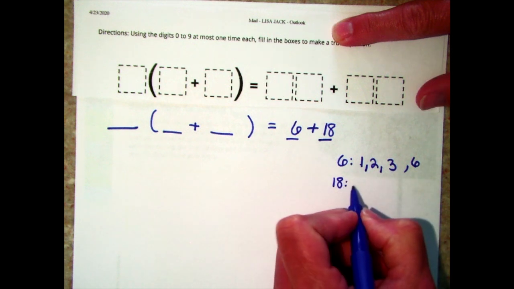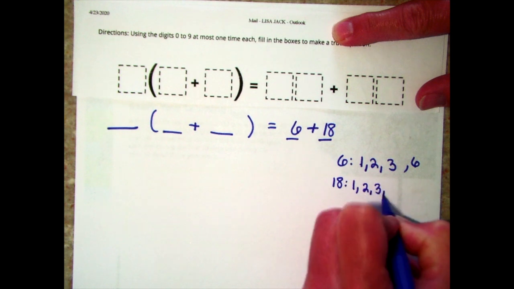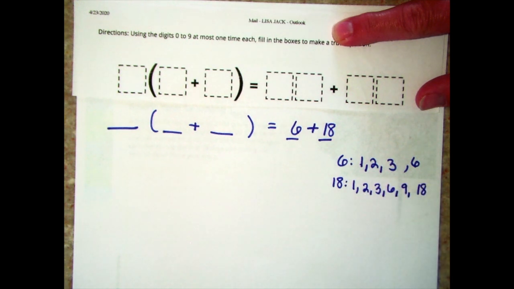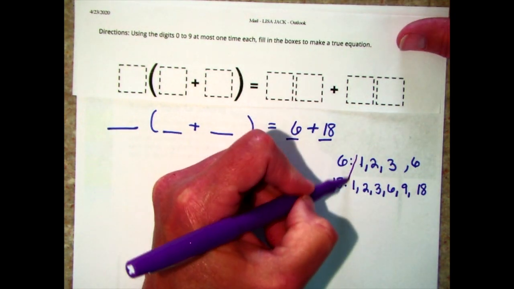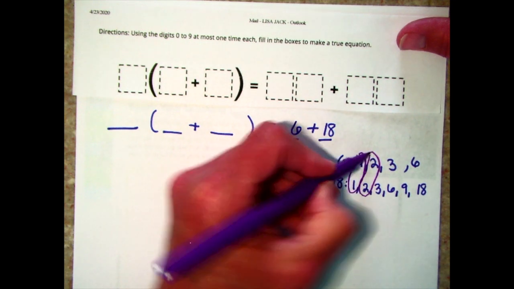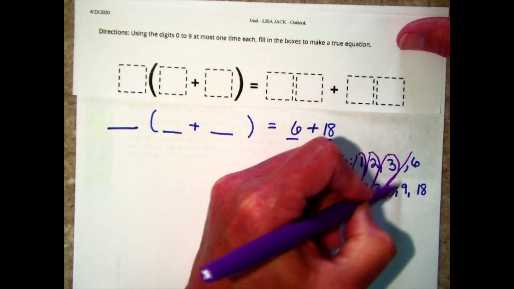For 18, our factors are 1, 2, 3, 6, 9, and 18. Now what we want to do is see what they have in common. They have a 1 in common, a 2 in common, a 3 in common, and a 6 in common.